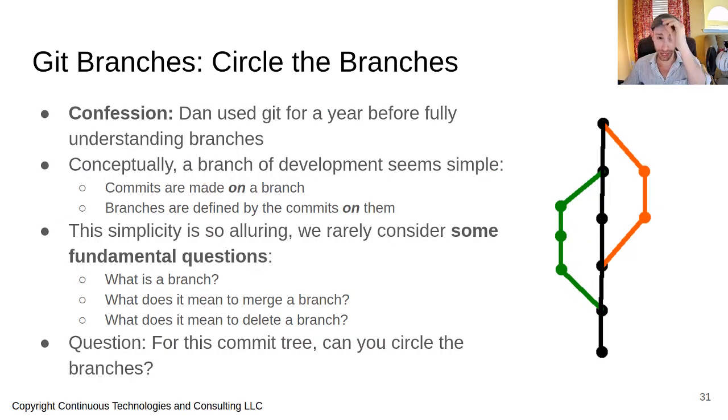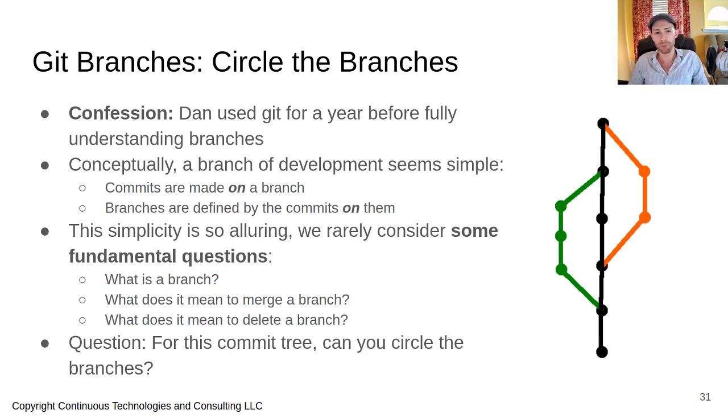So I have a confession to make, y'all. I used Git for an entire year before understanding fundamentally what branches are. And I think it's because there's an alluring concept to branches. It seems so simple that it actually doesn't really need to be discussed, or at least that's what you think.